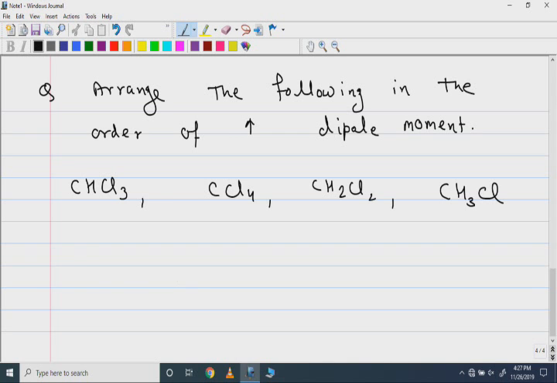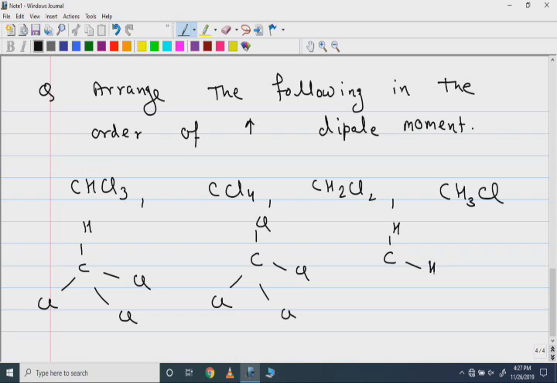See, let's draw the structures first. This is CHCl3. This is CCl4. This is CH2Cl2. This is CH3Cl.